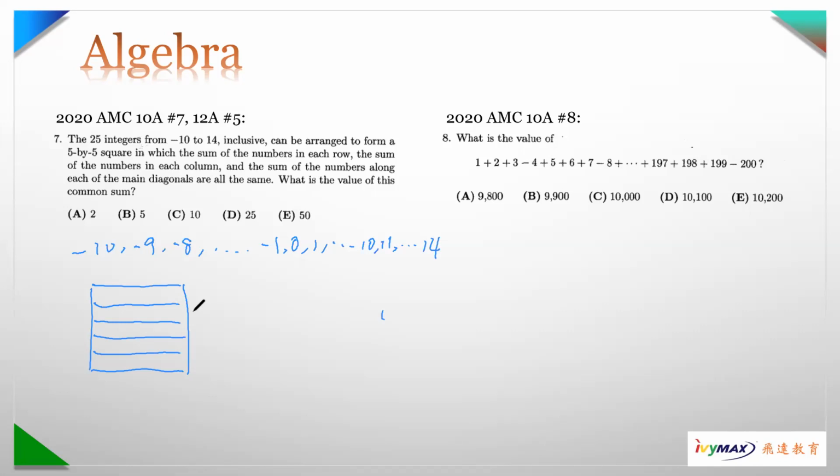If we sum up all 25 integers, that should give you a total. And we know we have 5 of these sums, right? And we sum them up and that gives you the total sum. So it would be pretty easy to get the common sum because each one of them should have the same value. So we just need to sum up these 25 integers and divide by 5, right? Okay, so that should give you this common sum.